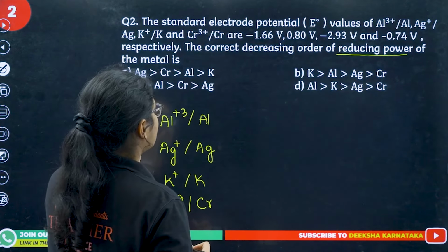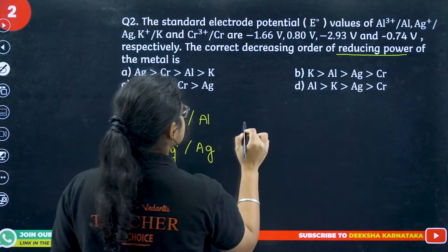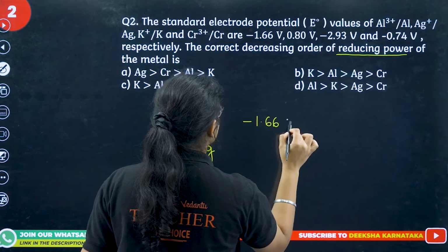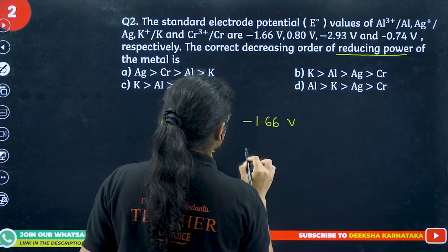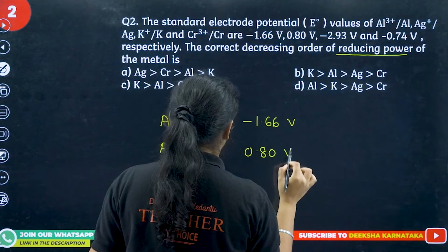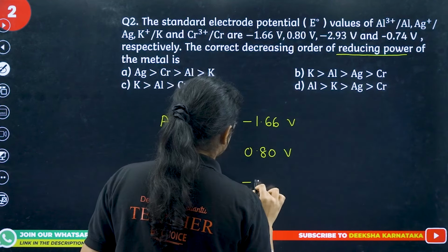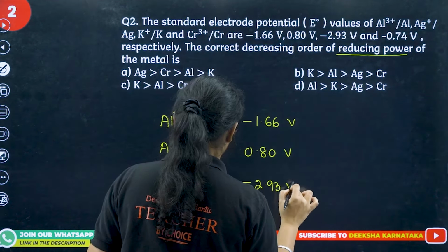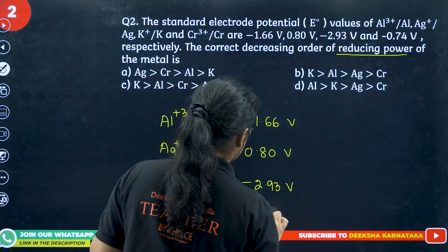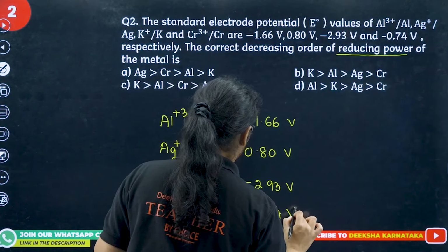Al3+ is minus 1.66 volt, Ag+ is 0.80 volt, K+ is minus 2.93 volt and chromium is minus 0.74 volt.